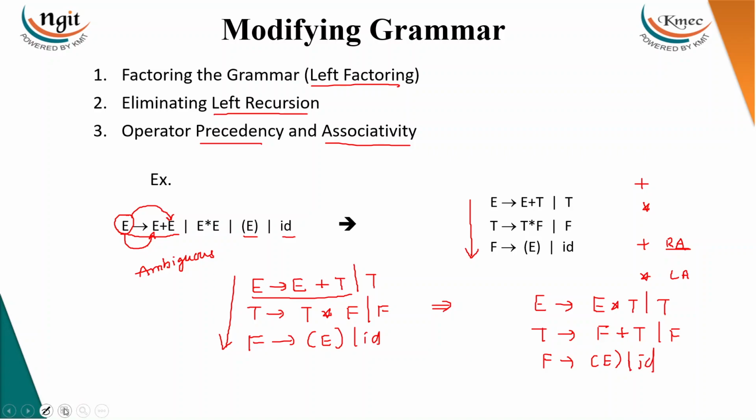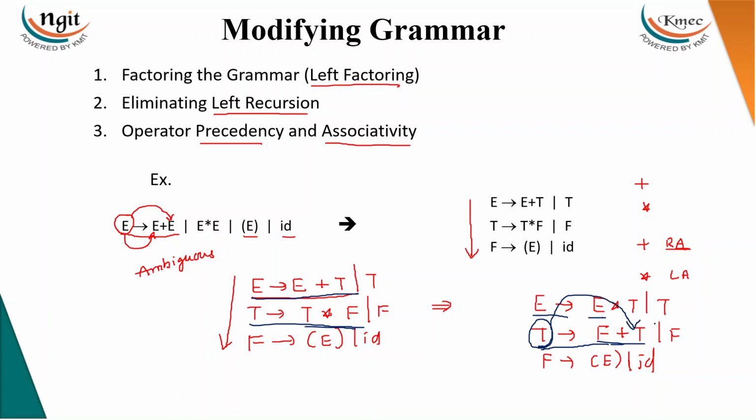If you want to give higher precedence to the star, then you write the star at the next level. Likewise, if you want to give higher precedence to the plus, then you have to mention it that way. But see, here star is left associative, as the left symbol occurs on the left, but plus is right associative as T occurs as the rightmost symbol.